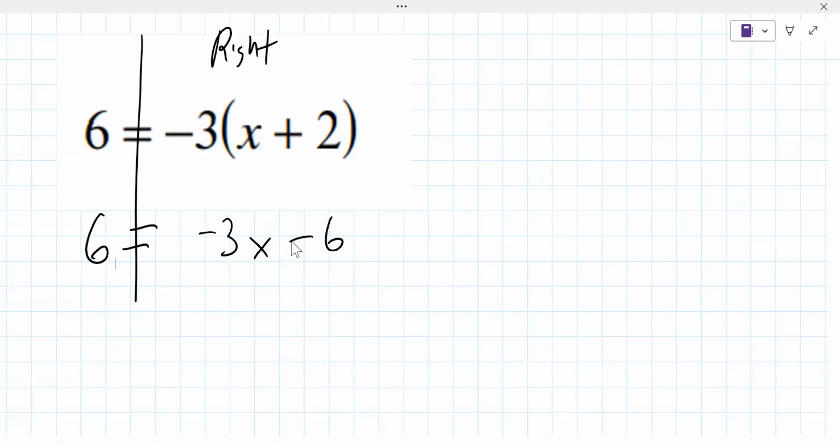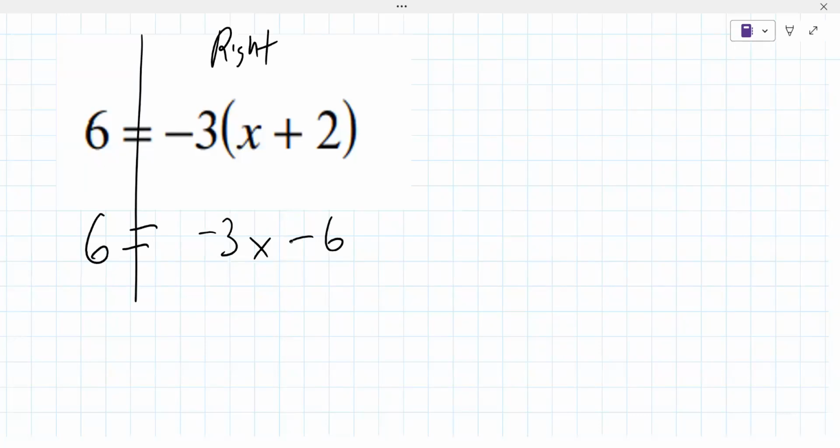Take the 6. Add 6. Is it x equals 4? Close.